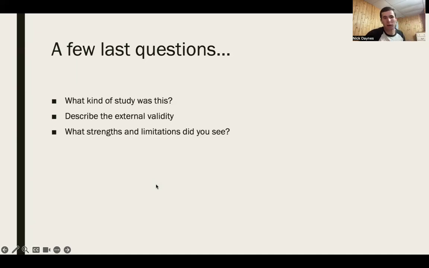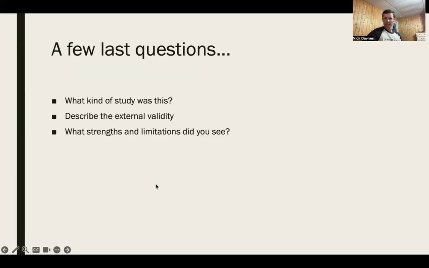The famous line that's probably been repeated over and over again in your class is correlation does not equal causation. So yes, you can't draw causal conclusions from a correlational study like this. Frankly, there weren't really positive findings to draw causal conclusions from, but there you go.